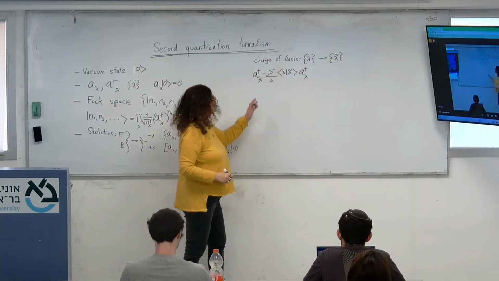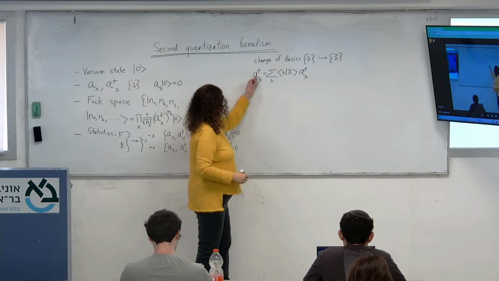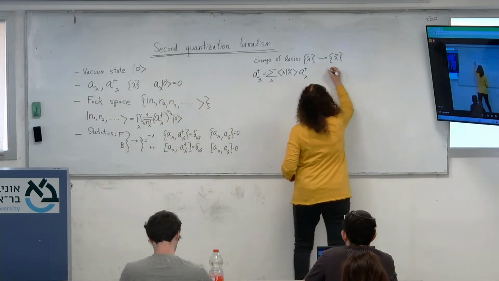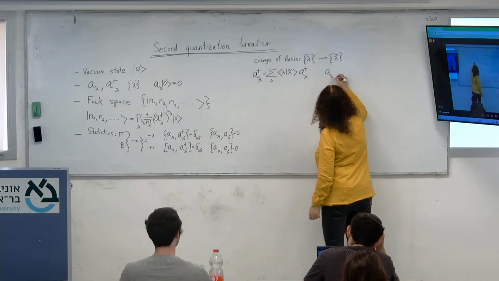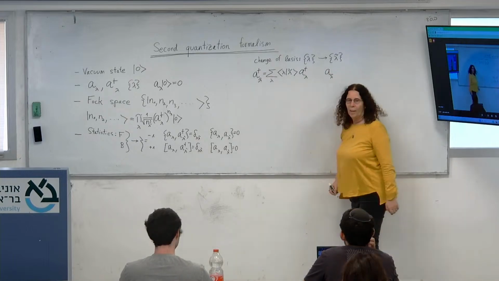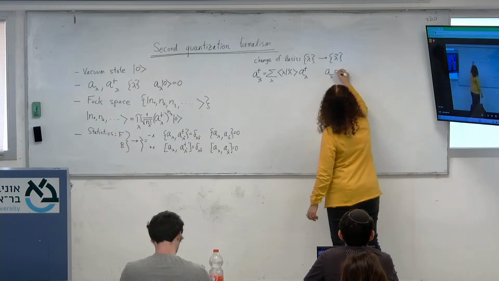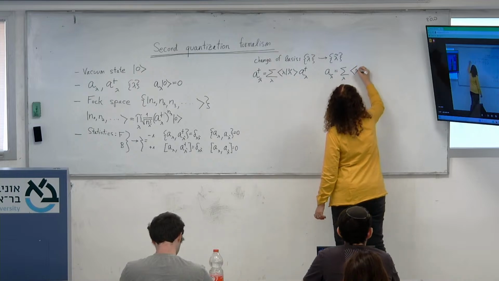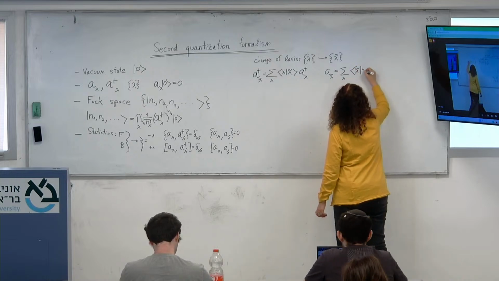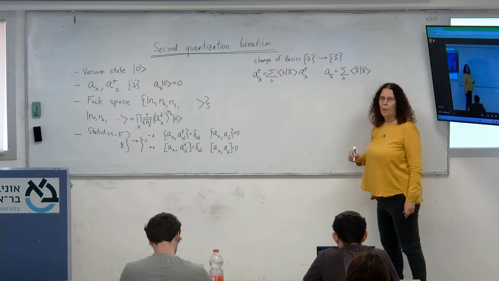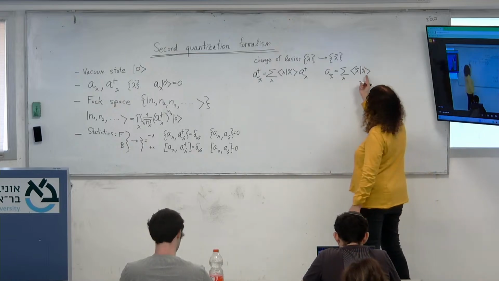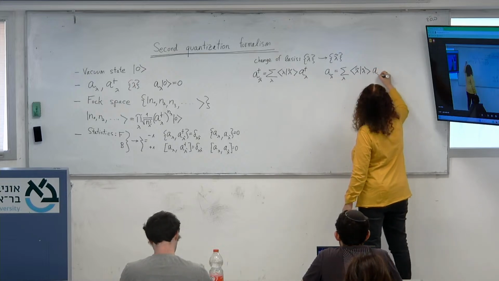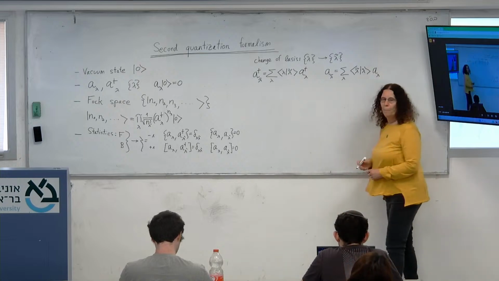And of course it's very easy to see that the annihilation operator, let me write it explicitly, just putting a dagger on everything, is given by the Hermitian conjugate of the matrix element, going from lambda to lambda prime, times A lambda. Okay?